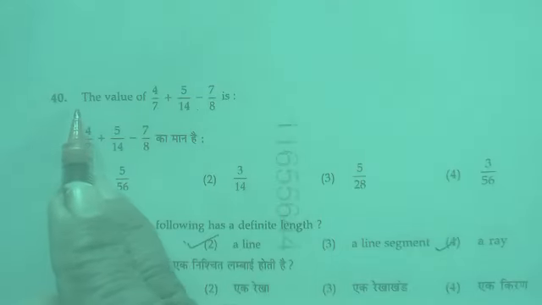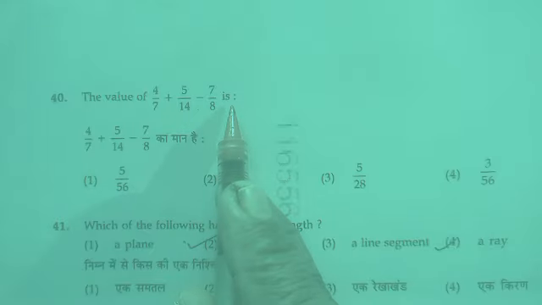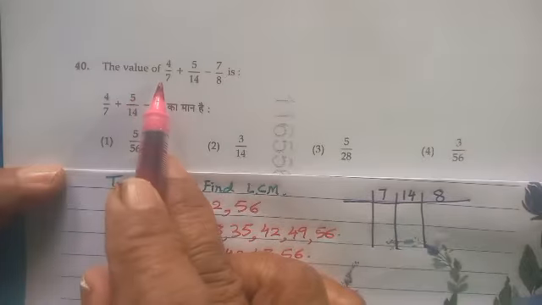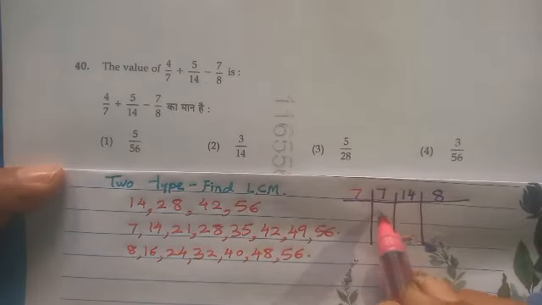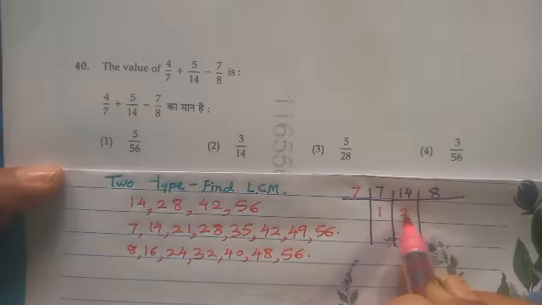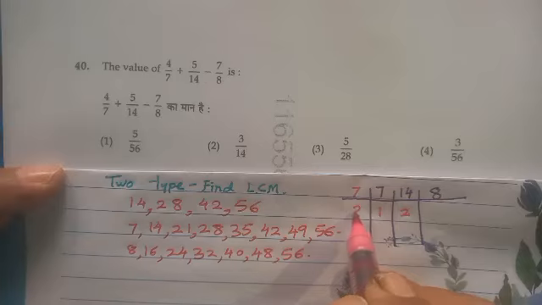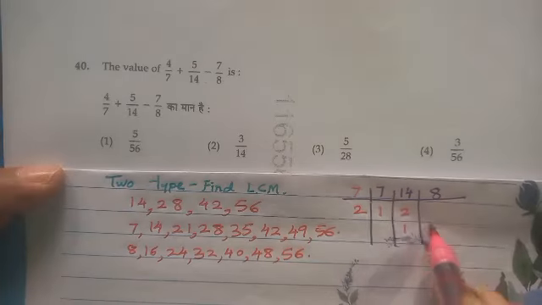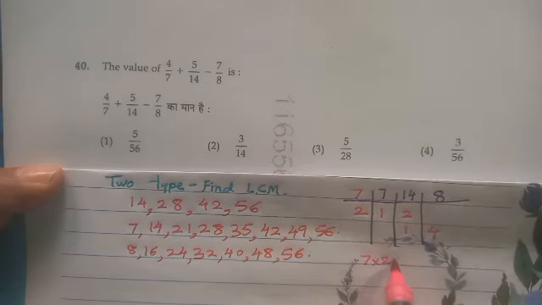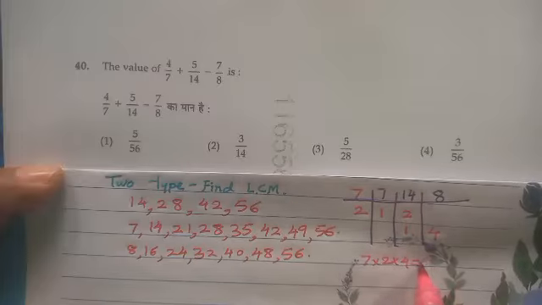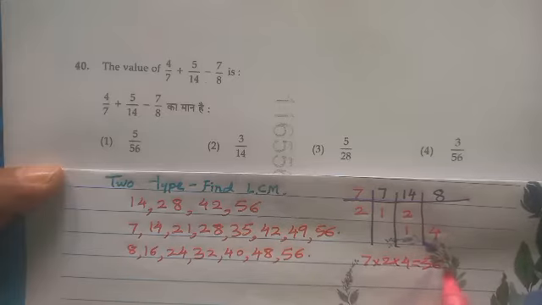Question number 40. To find the value of this, we first find the LCM. For finding the LCM of 7, 14 and 8: 7 times 1, 7 times 2 and 2 times 1, 2 times 4. 7 times 2 is 14, times 4 is 56, which is our LCM.